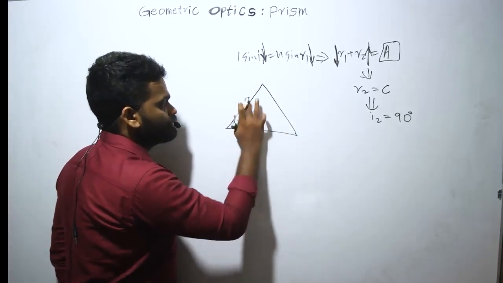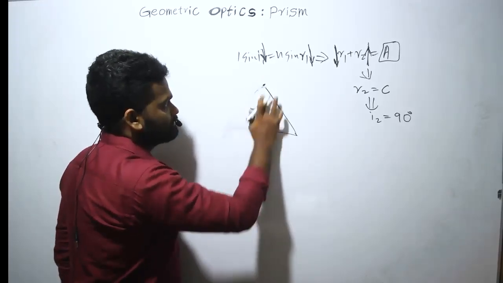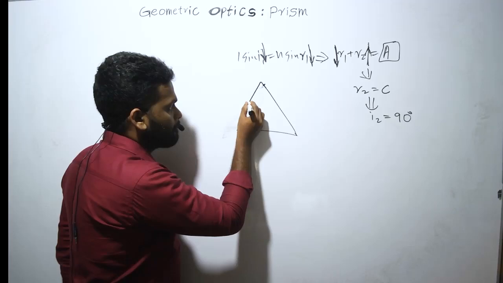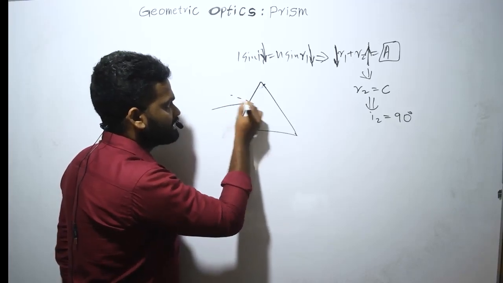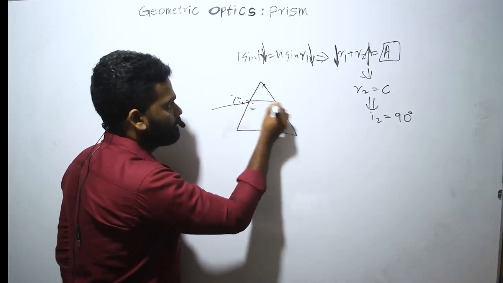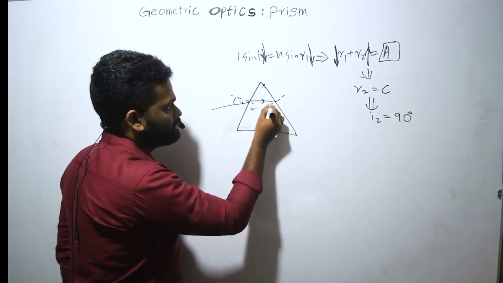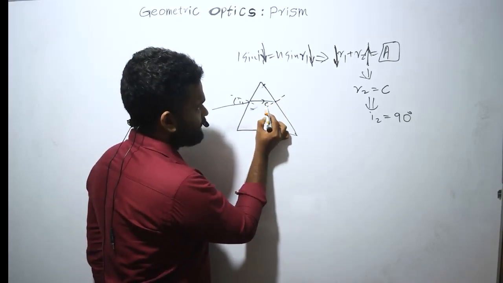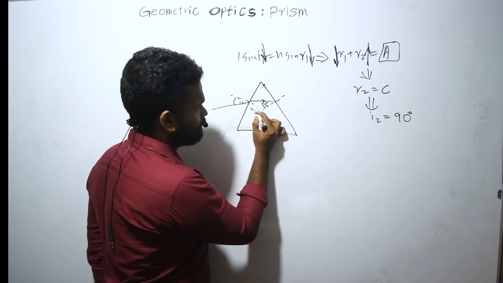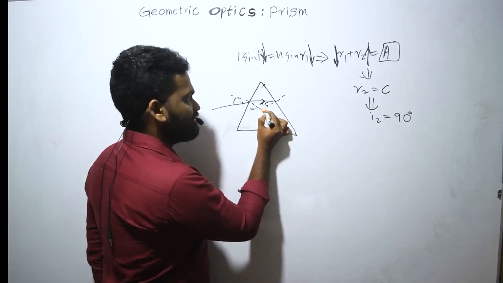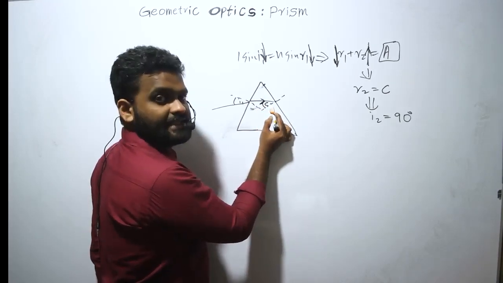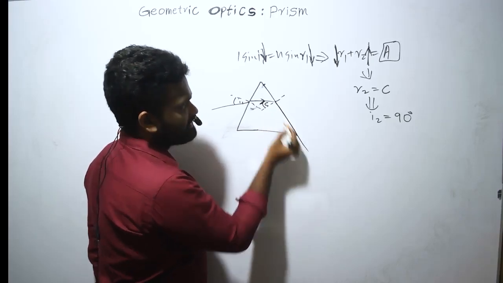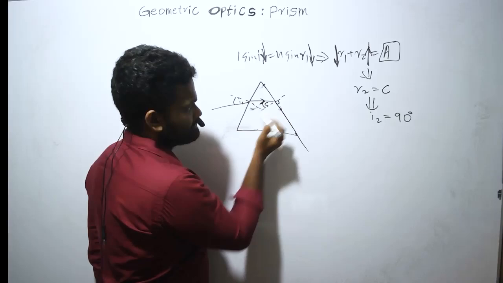In the note, you need to take this diagram down. So at a certain I1 value, here we have R2 and it is equal to the critical angle, that is capital C. So when the angle is critical angle here, that is R2 equals C, the emergent angle becomes 90 degrees, right?